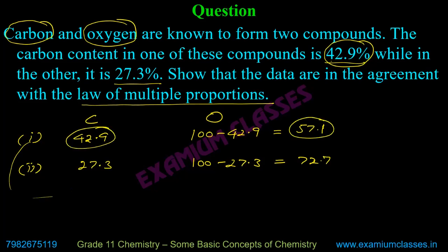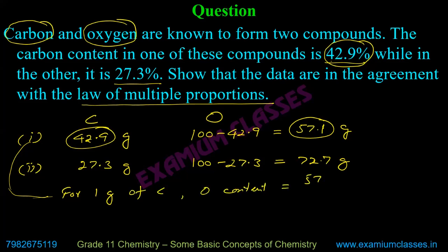With this, calculate for 1 gram. From the first, for 1 gram of carbon, oxygen content is 57.1 upon 42.9 grams.